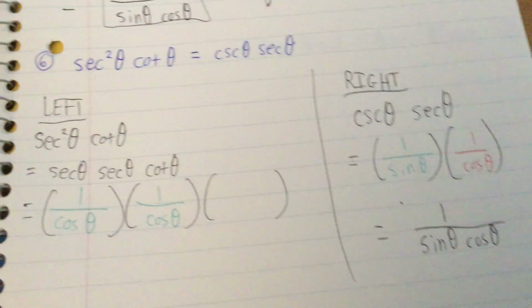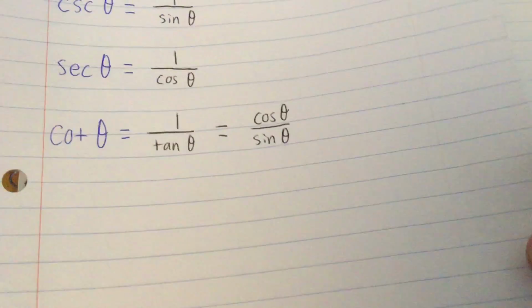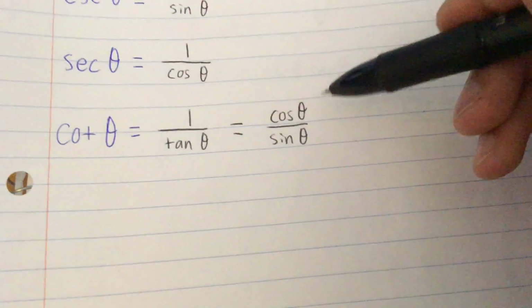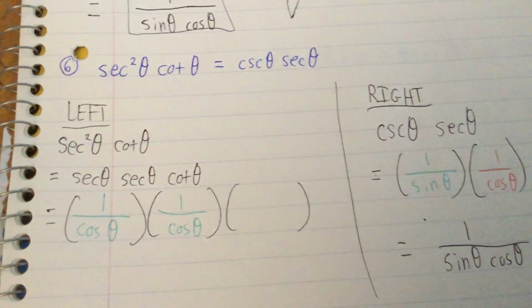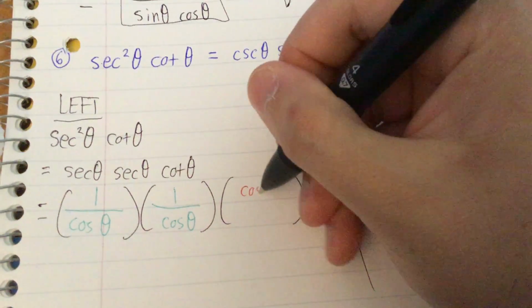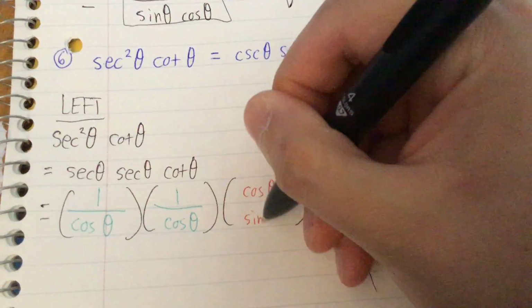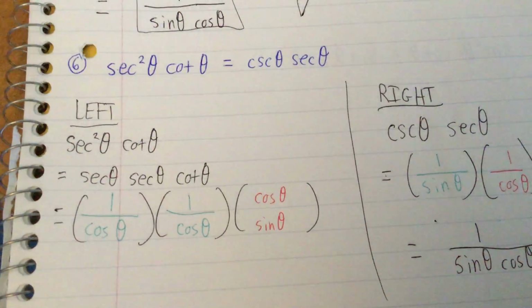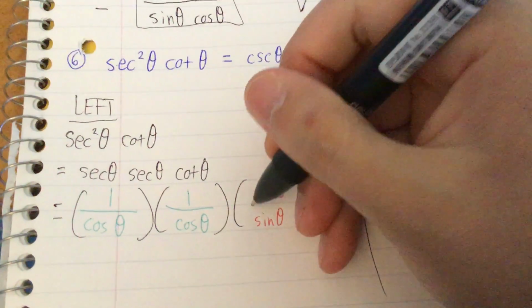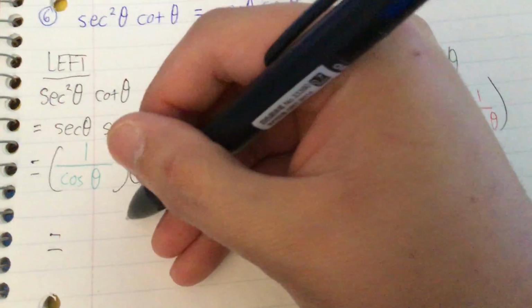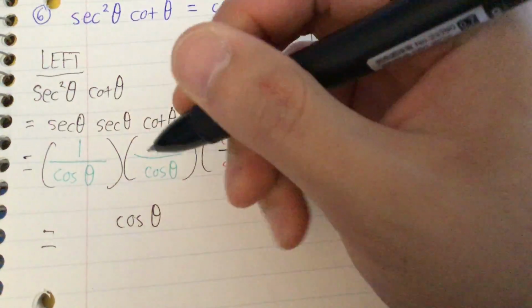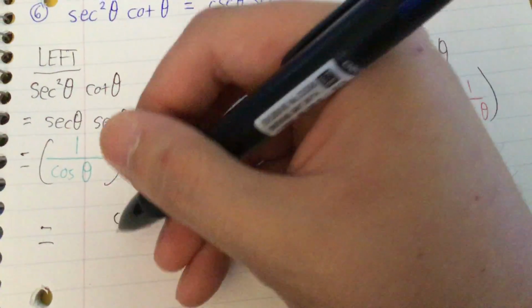Well, I like it when it's all built on the basic building blocks of sine and cosine. So cotangent is equal to cosine over sine. Okay, now I'm just going to put it all together. 1 times cosine is cosine of theta. Cosine times sine.